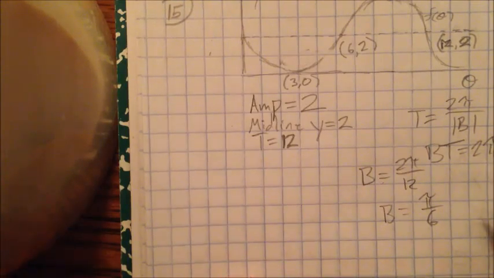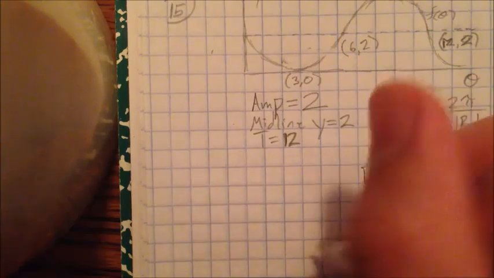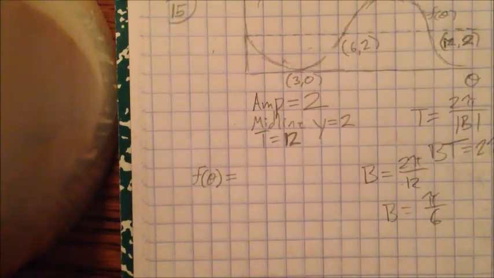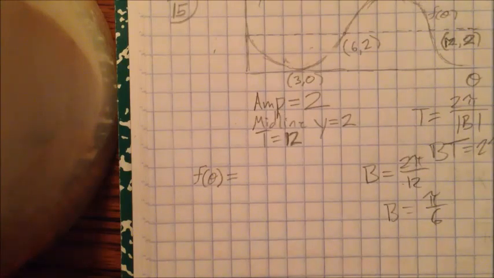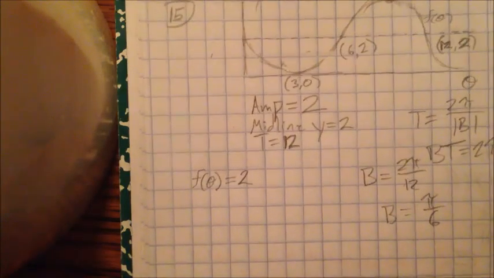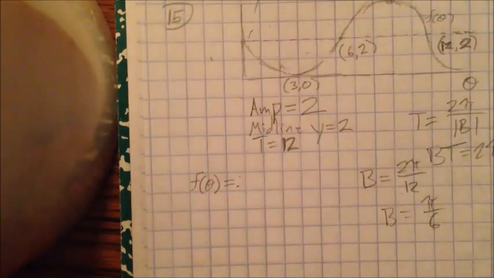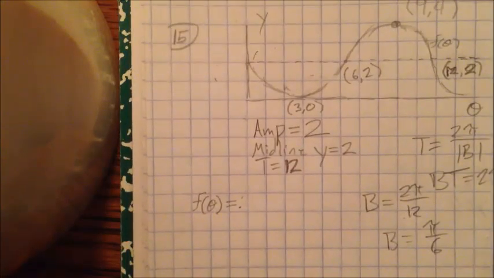So now we can write our formula. This is actually an f of theta, so f of theta equals, now let's see, our amplitude is 2, so it equals 2. Sine or cosine, you can see the graph, and actually I just realized I did make a mistake. This graph is a little different from the others.